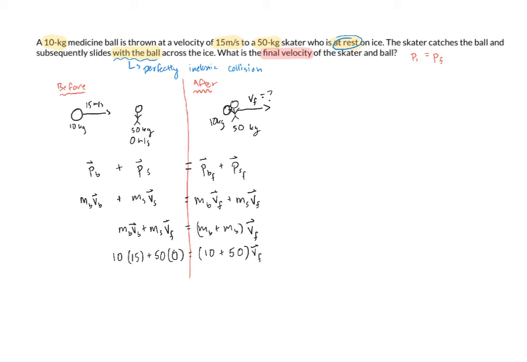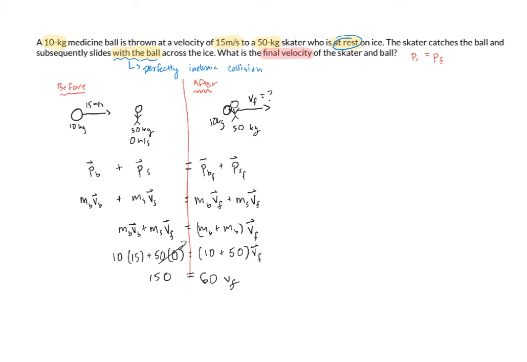So let's cross off that 50 times 0, because, of course, anything times 0 is 0. We know that the left side of our equation now, the total initial momentum of our system, is 150 kilograms meters per second, and that is going to equal 60 times my final velocity.